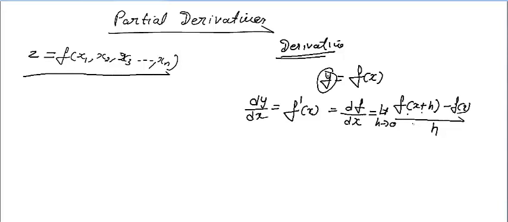This is the definition of the derivative of a function depending upon a single variable. This is the derivative of f(x), the basic definition. So what is the basic idea when you find the derivative of f with respect to x, because f is only depending on x.